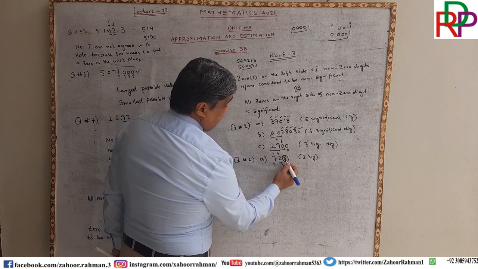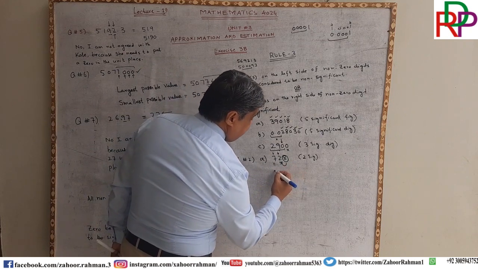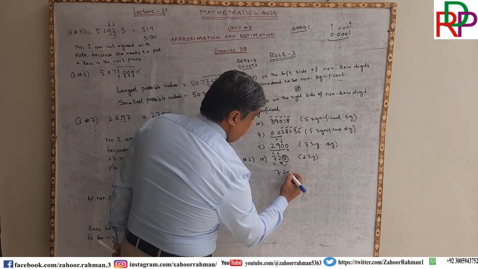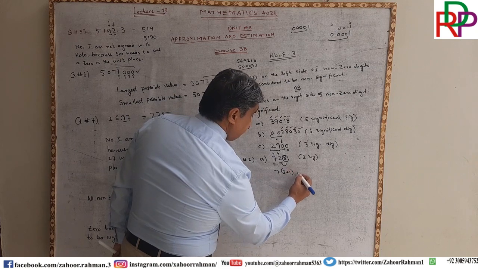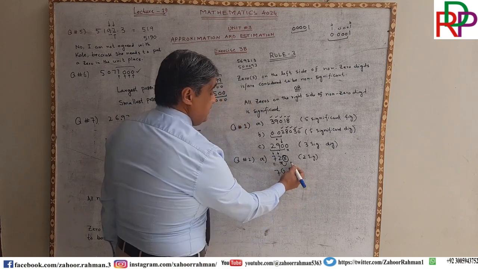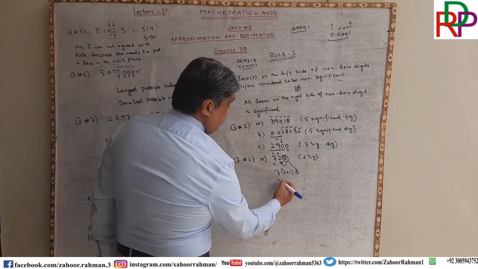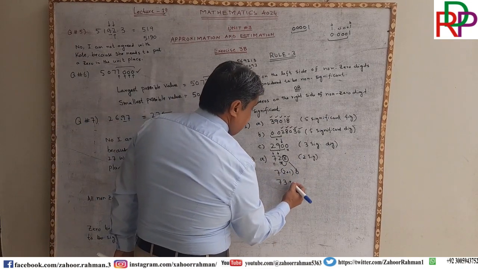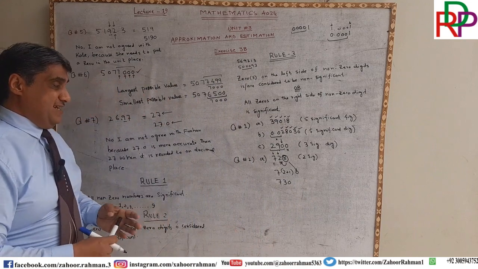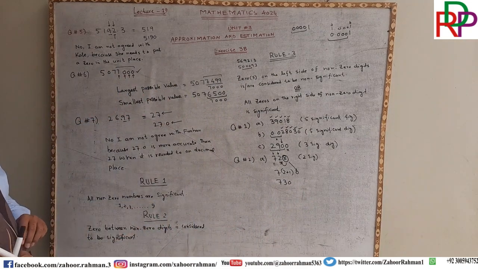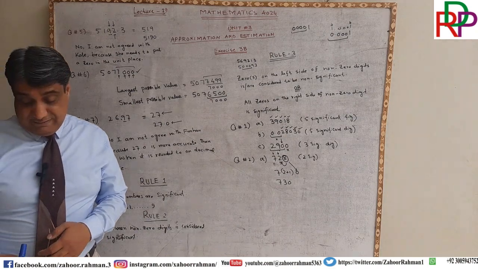In this case, we will write 7, 2 plus 1, and this 8 will become 0, and 1 will be added to this 2. So 7, 3, 0, and it is making sense. 728 is nearly equal to 730.